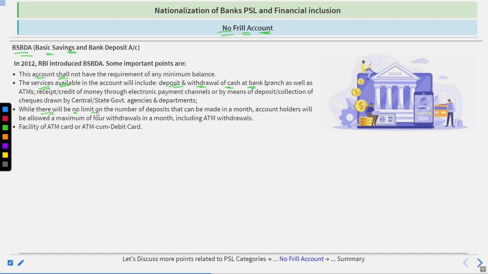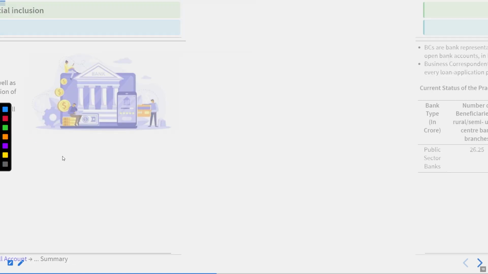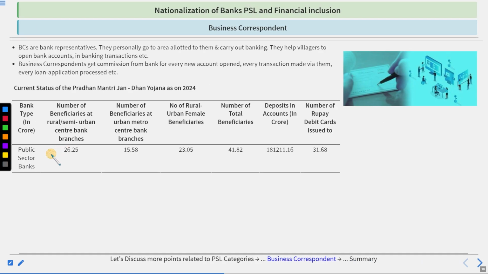While there will be no limit on the number of deposits that can be made in a month, account holders will be allowed a maximum of 4 withdrawals in a month, including ATM withdrawals. Facility of ATM card or ATM-cum-debit card will be there. Now, let's have a look at the business correspondents.